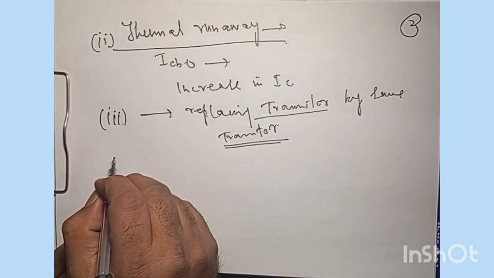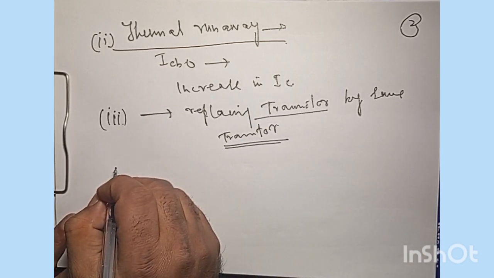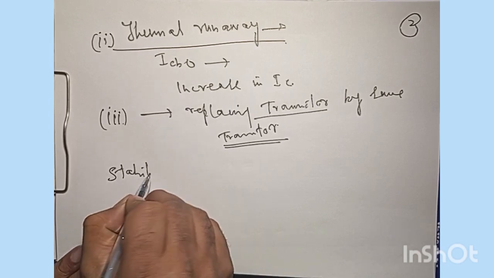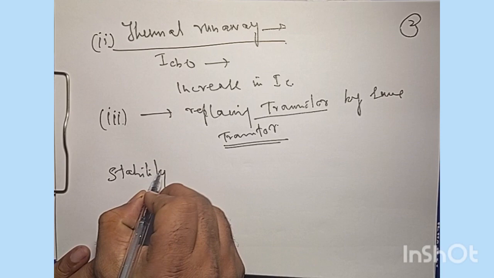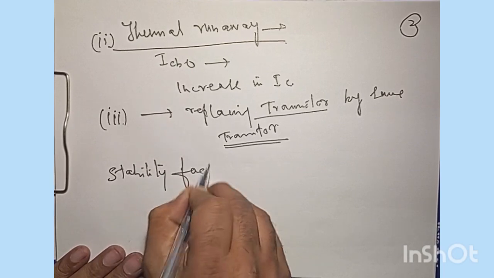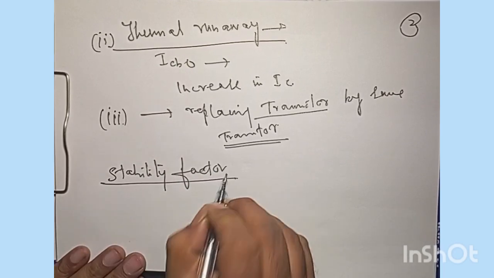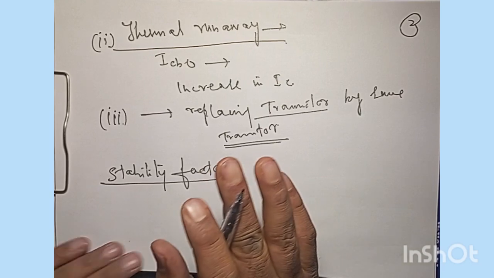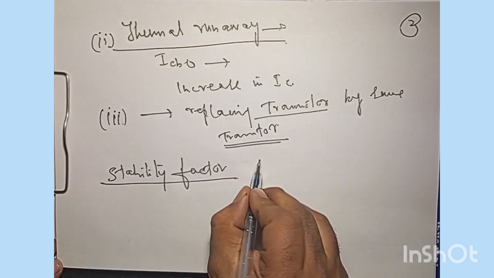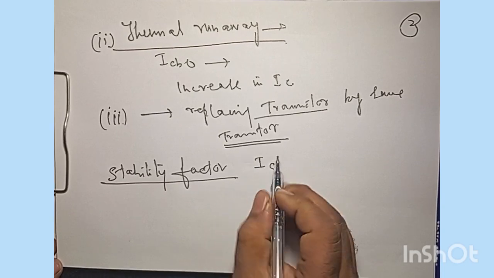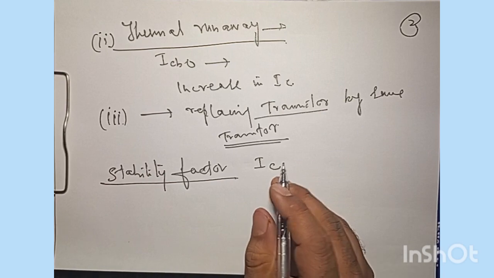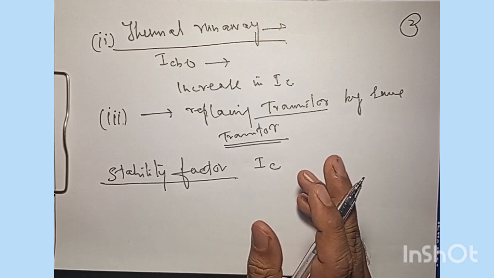The next important thing here is the stability factor. Now let's have some understanding of this stability factor. It is always necessary to keep this IC constant. As we know about transistors, we want to have constant IC in a transistor circuit.